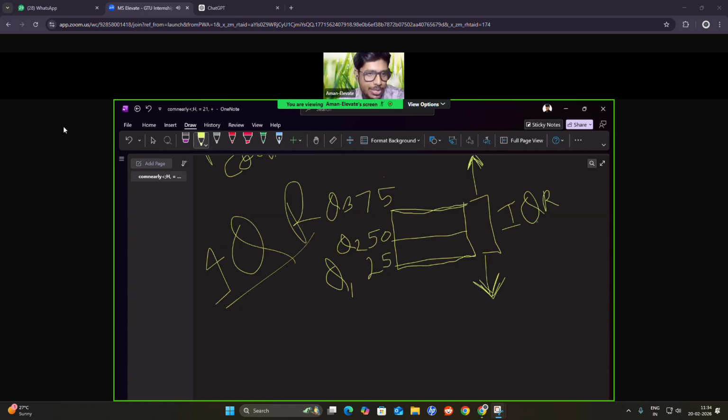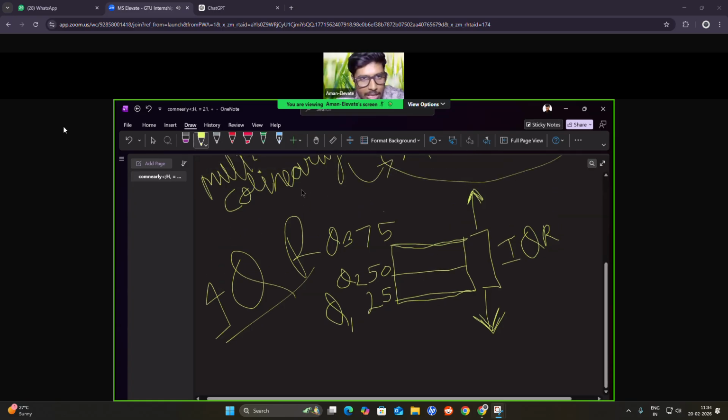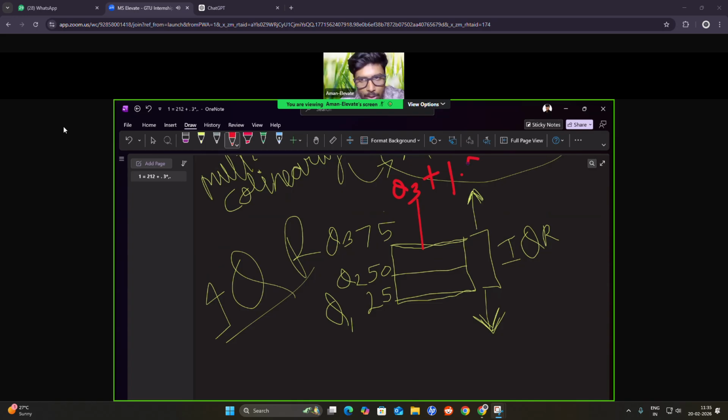This does not define your range. What is the range? The range is above Q3 plus 1.5 times of IQR. This is your upper bound.